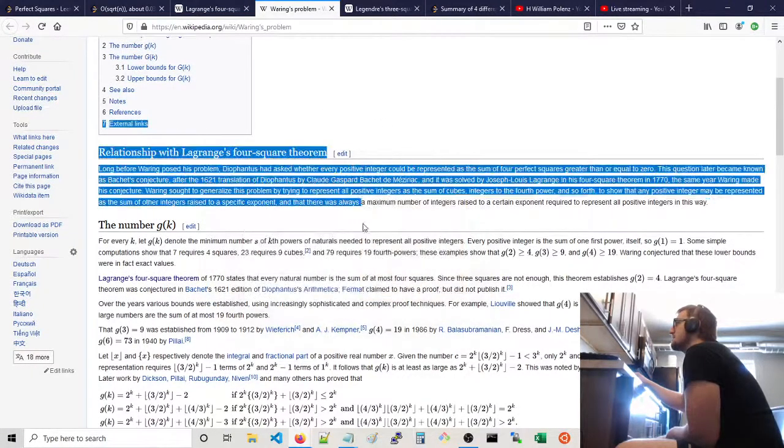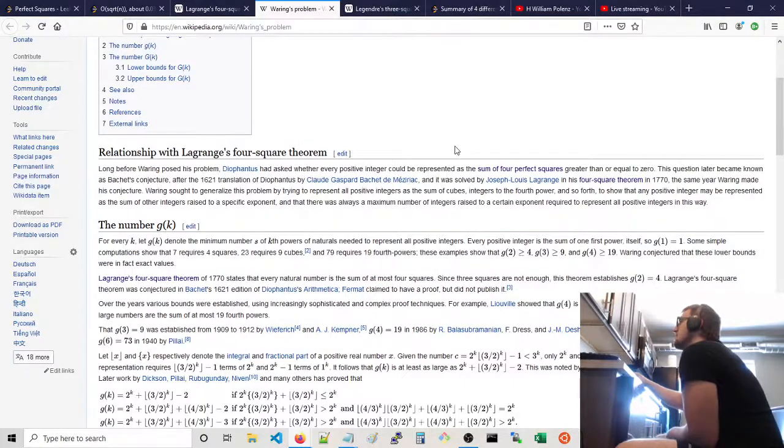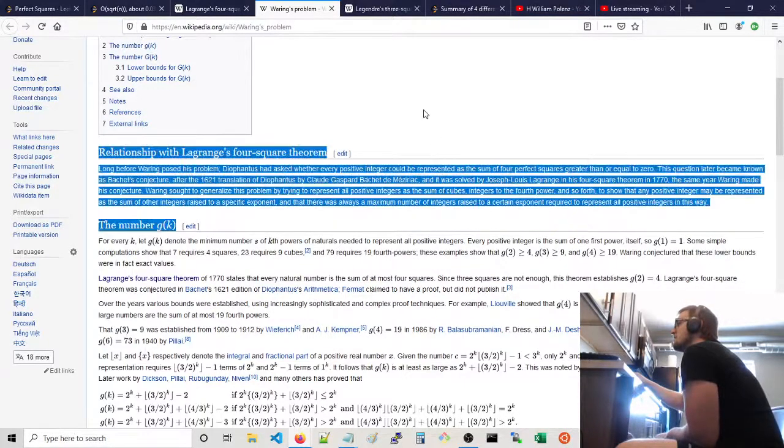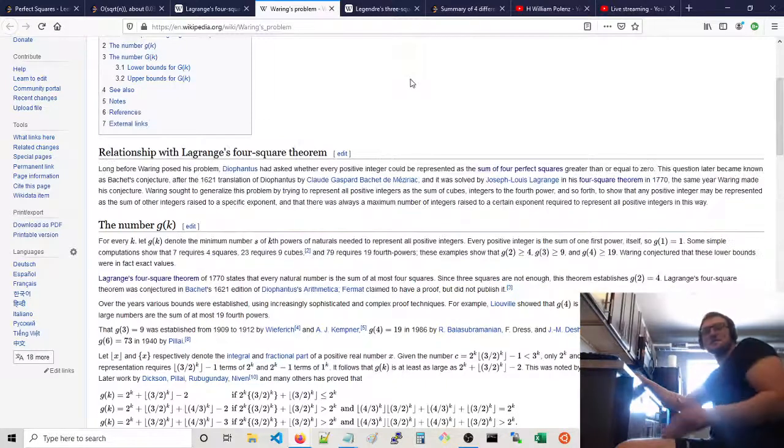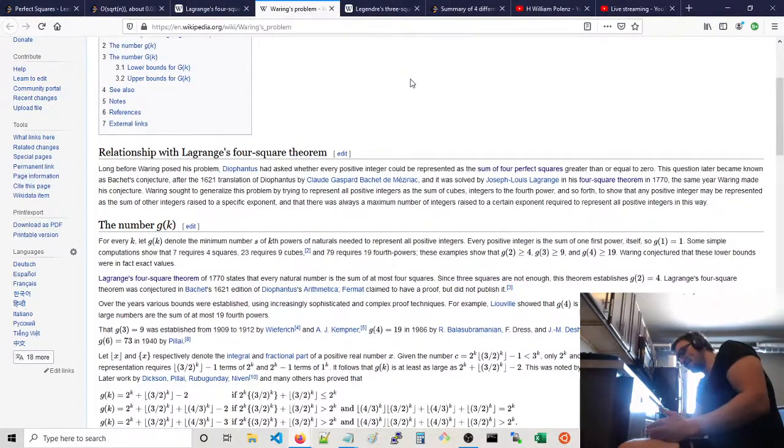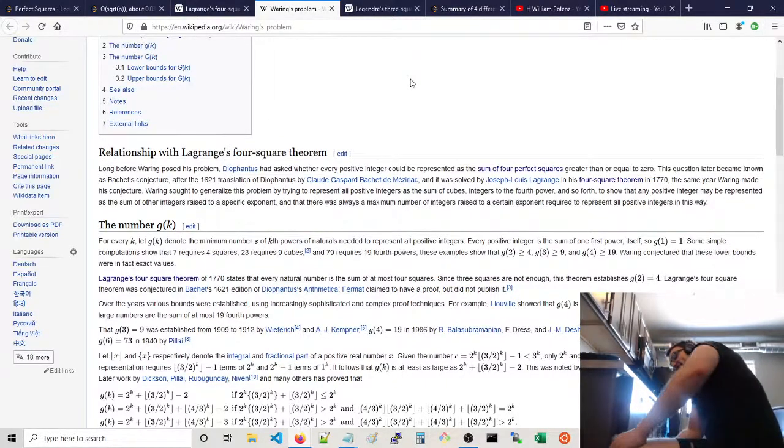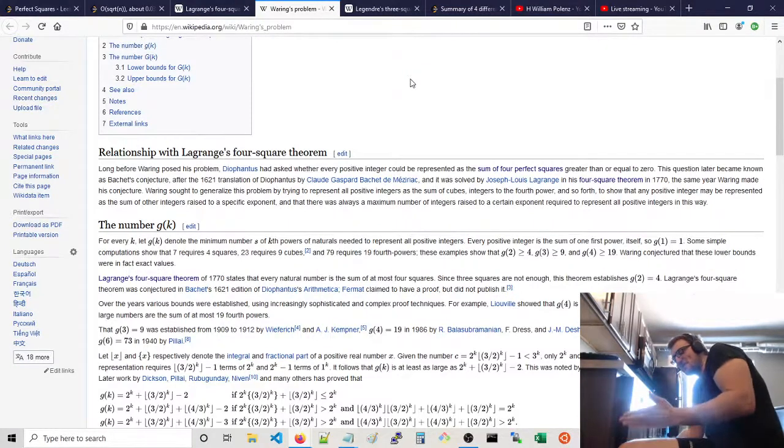Diophantus. I know you know the Pythagorean theorem, a squared plus b squared equals c squared, but what about a squared plus b squared plus c squared plus d squared equals x?